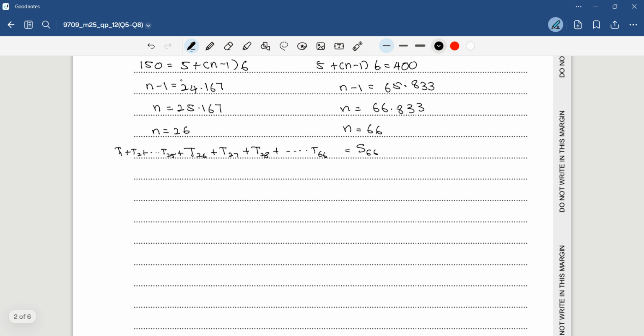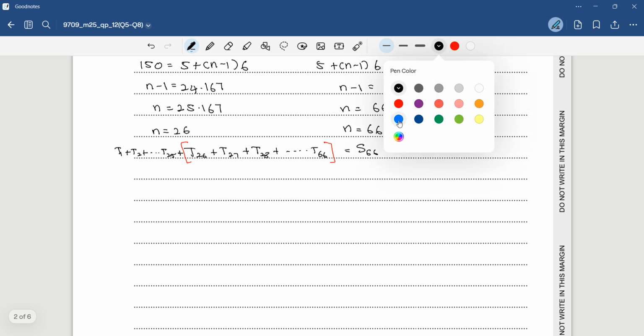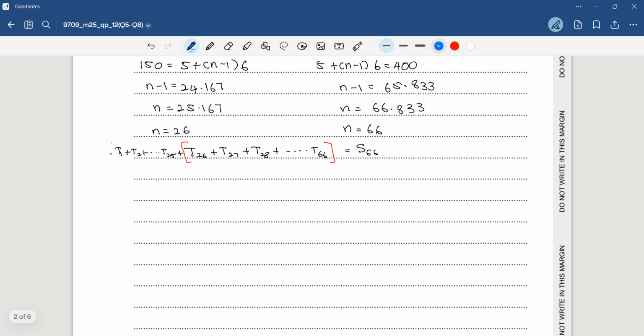If you notice, I only need the later terms, whereas the first ones I do not need. So T1 until T25 is actually S25, correct? So I'm going to put S66 minus S25.